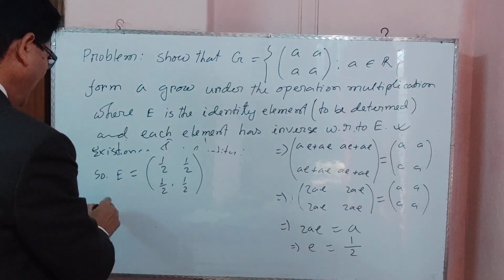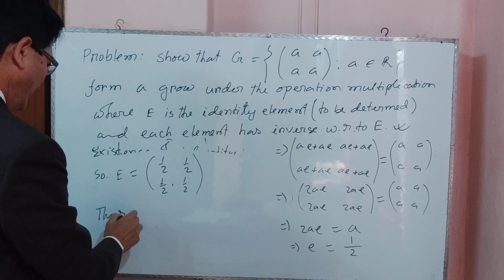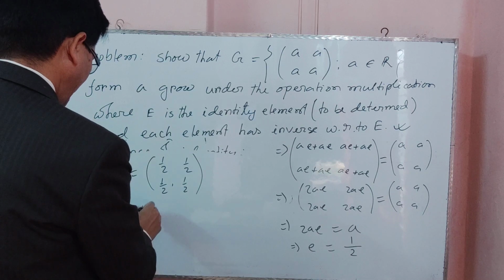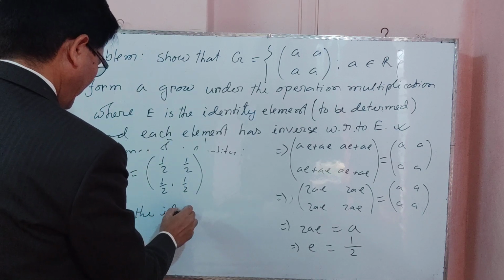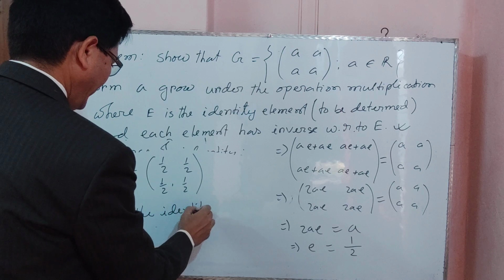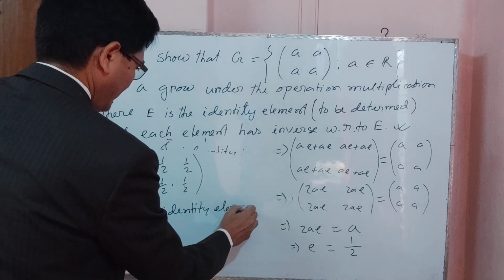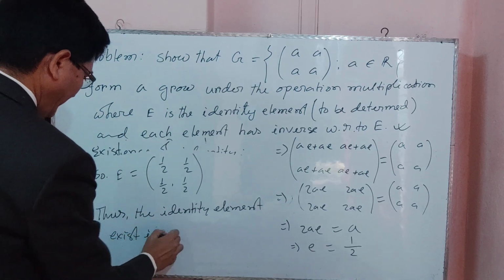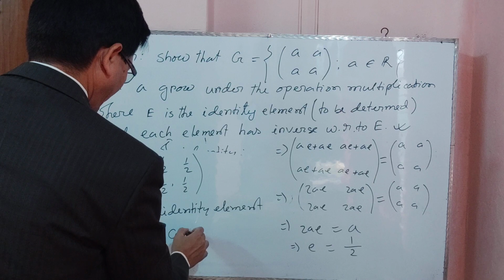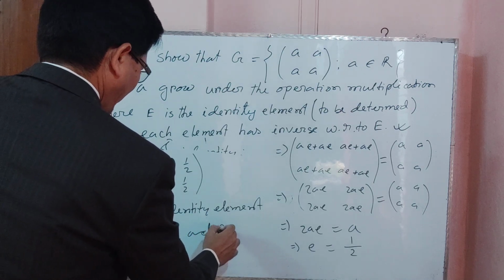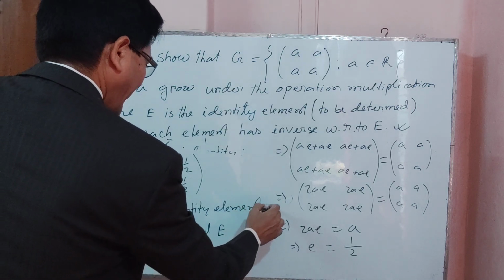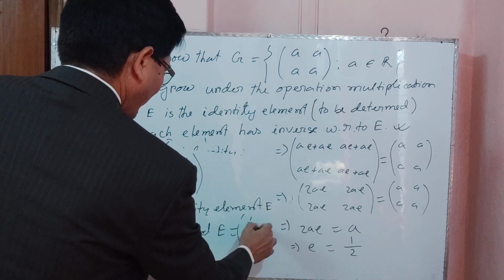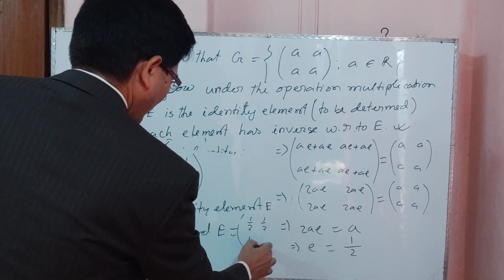Thus the identity element exists in G, and the identity element E equals half, half, half and half.